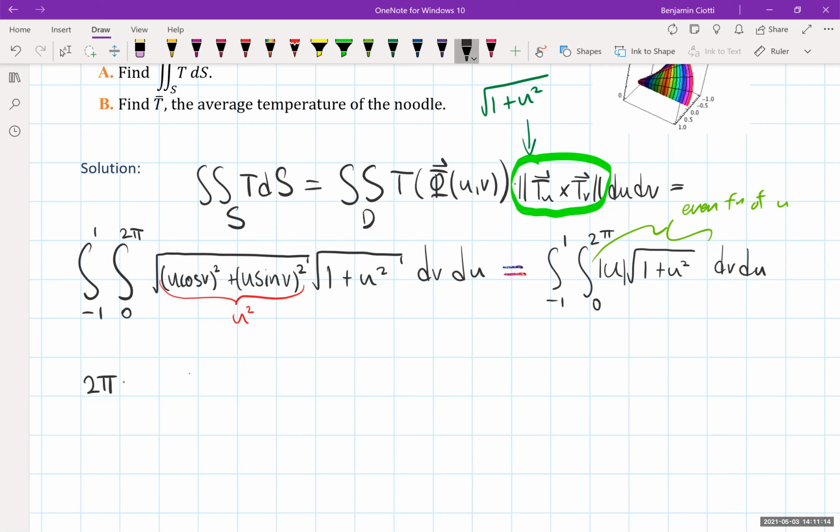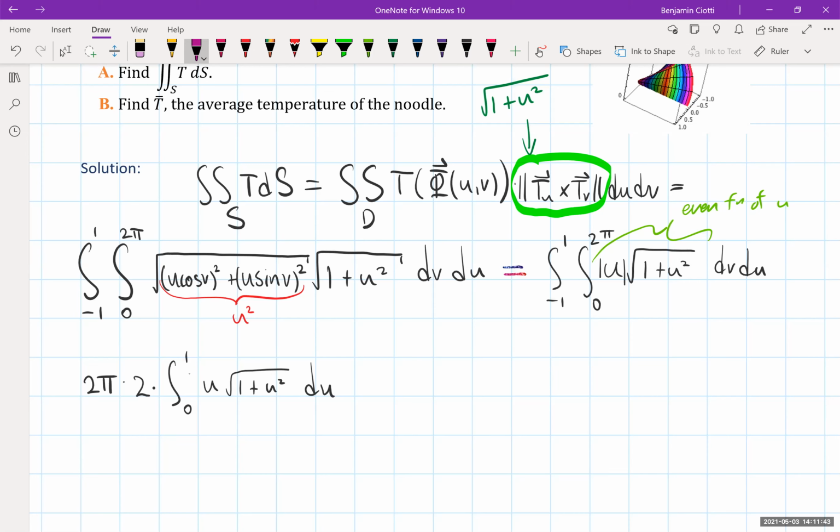So I'm going to write this as 2 pi times 2 times the integral from 0 to 1. And now I can get rid of the absolute value. Let me know if you have a question on that.